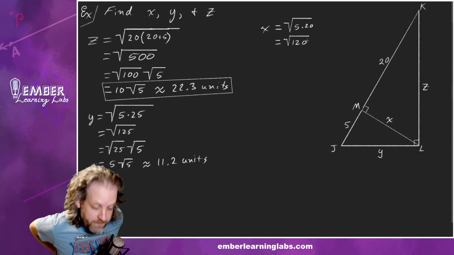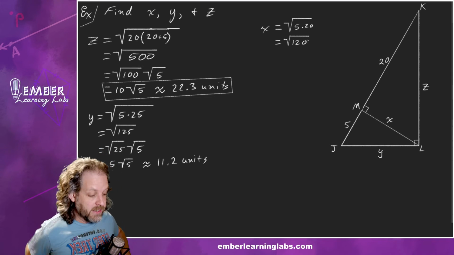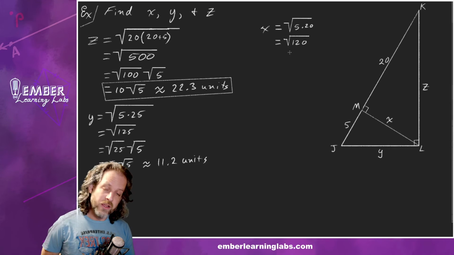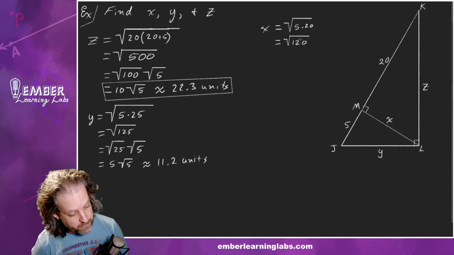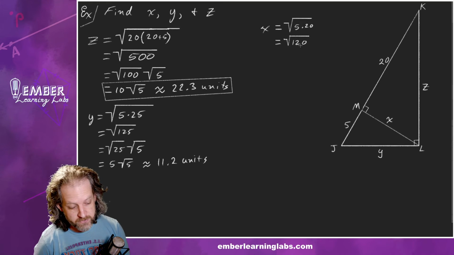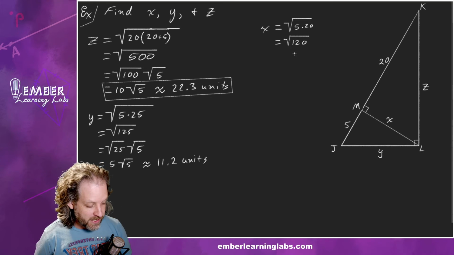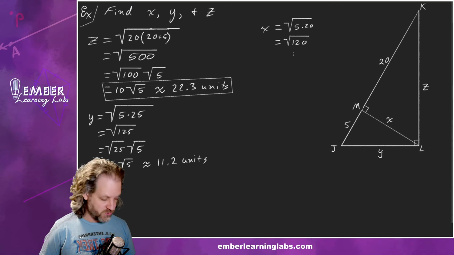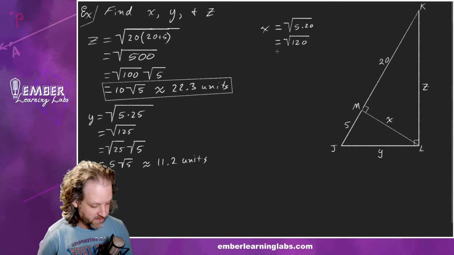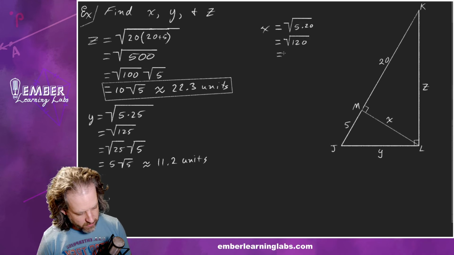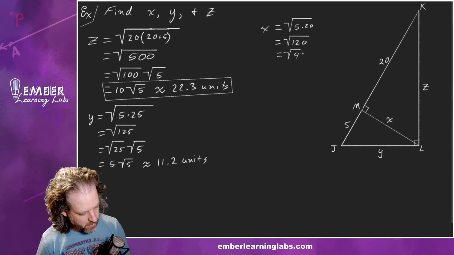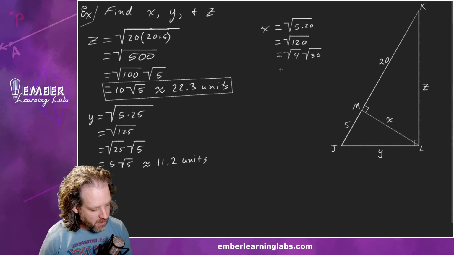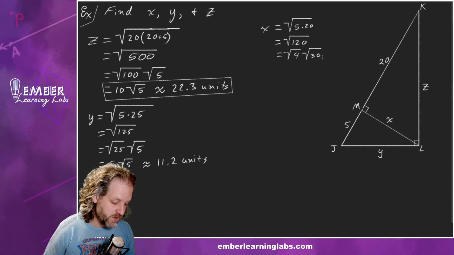Are there any perfect squares that go into 120? Well, 4 does, for sure, right? 4 times 30 goes into 120. So let's do that, right? Square root of 4 times the square root of 30. Are there any perfect squares that go into 30?